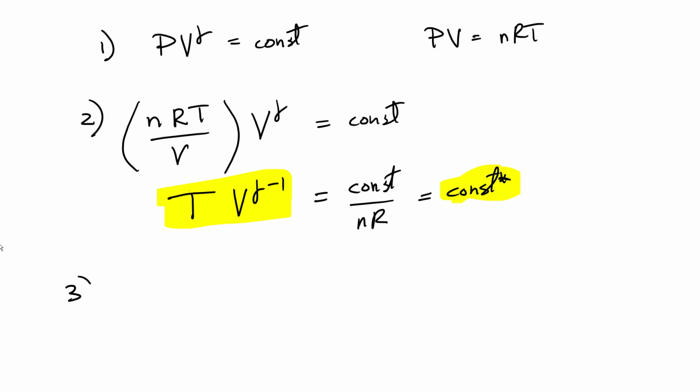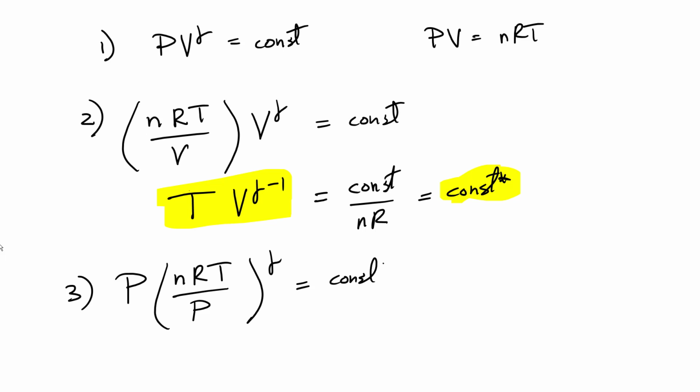If I wanted to eliminate volume, you keep pressure the way it is. Now instead of writing volume, you use the ideal gas law. So you write it as nRT divided by the pressure, and this has to be equal to that first constant I had up here. Now you write this through. What do you have? You have P to the 1 minus gamma as the exponent. This becomes T to the gamma.